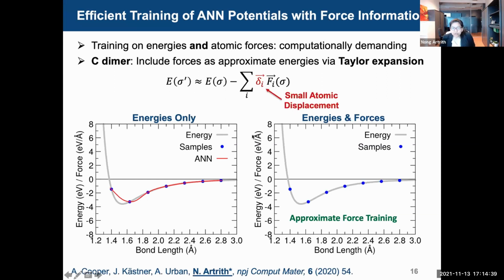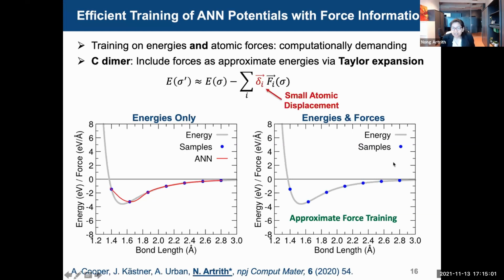But then we introduce the method. This includes forces to approximate the energies via Taylor expansions, by introducing such a small atomic displacement. It also depends on the materials or chemical species, which can be liquid or solid, so the small displacements that we introduce can be slightly different.